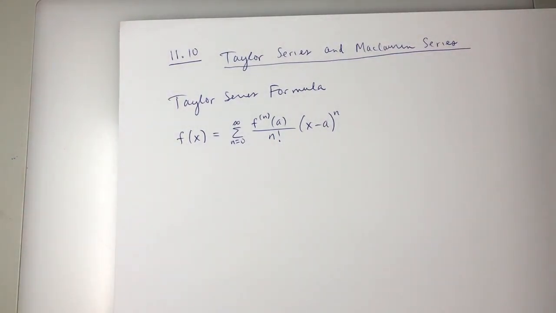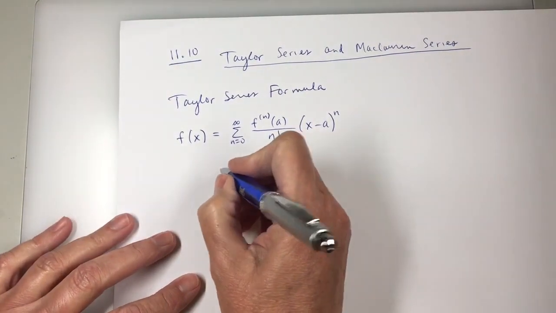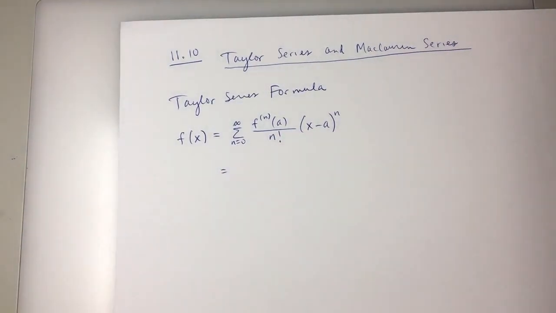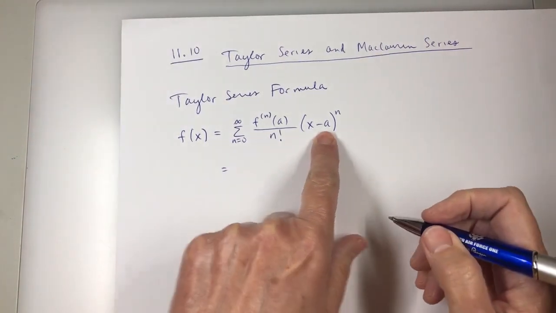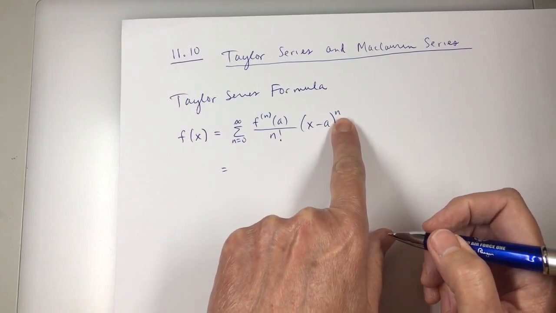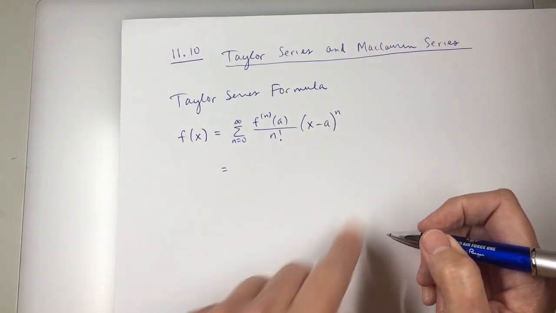And if you write out a few terms, when n is 0, the 0th derivative is the function itself. So it would be f at a in that case. 0 factorial is 1 times x minus a to the 0 power. If you raise something to the 0 power, that's 1.